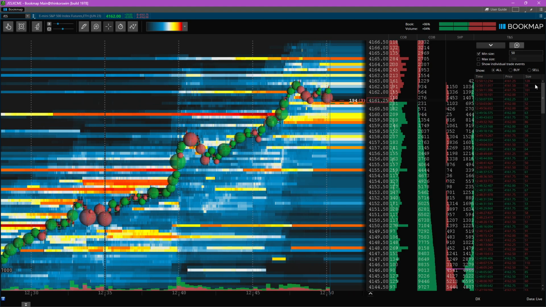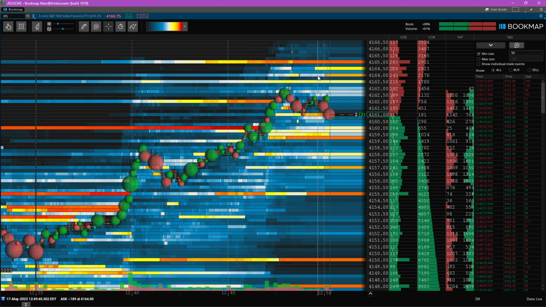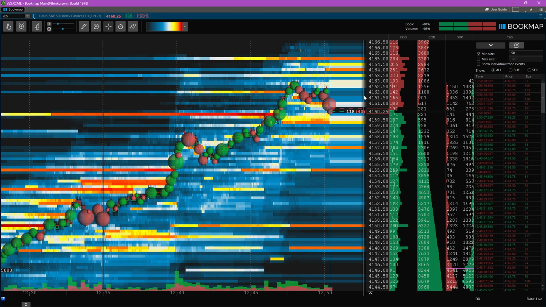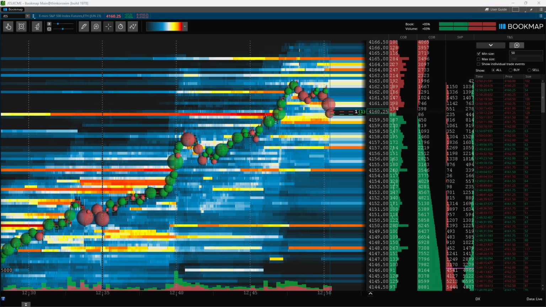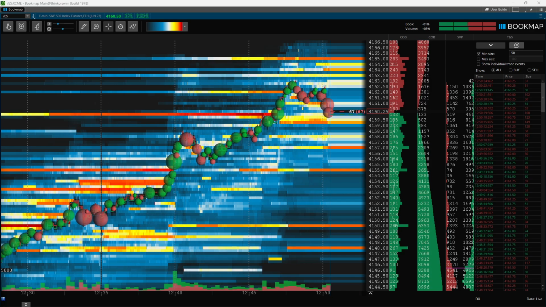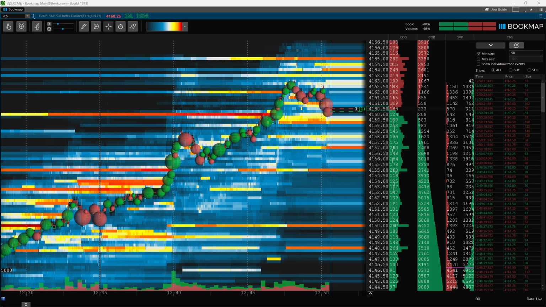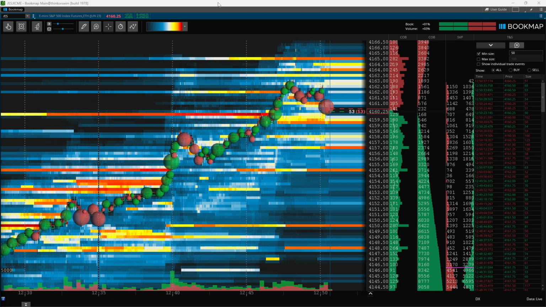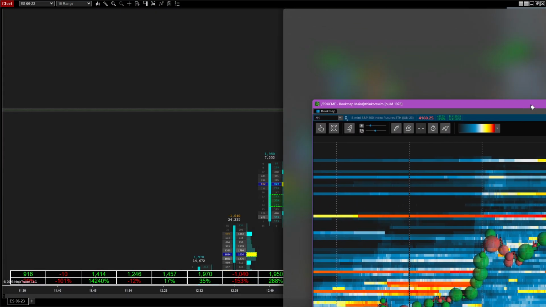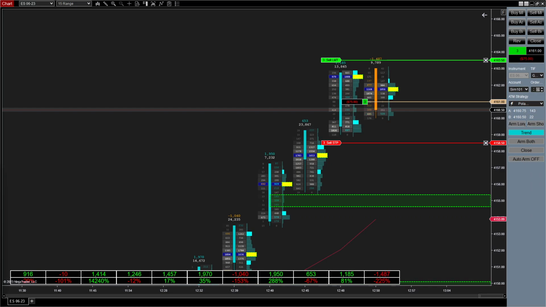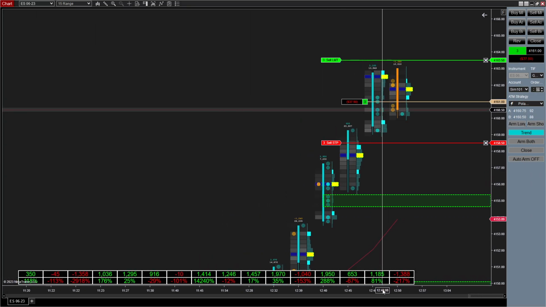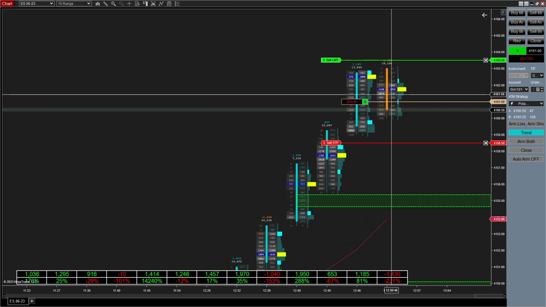Watch the time and sales here. Big selling coming in. Looks like we potentially could be turning around here. So there's another triple stacked imbalance here.